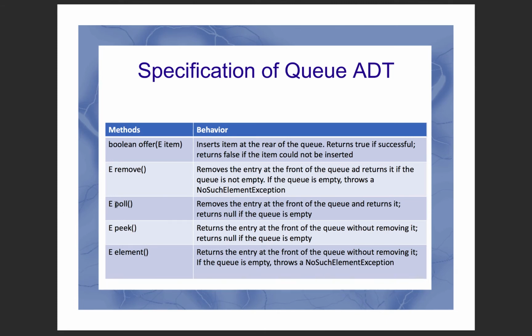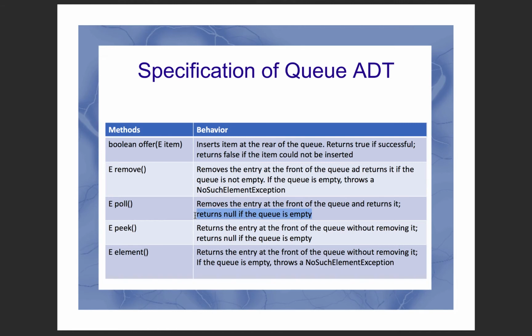Then you go to the poll method. The poll method removes the entry at the front of the queue and returns it. It returns null if the queue is empty. So this is quite similar to the remove method. The difference is that if the queue is empty, the remove method throws an exception, but the poll method returns null.